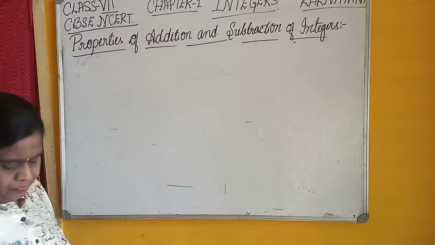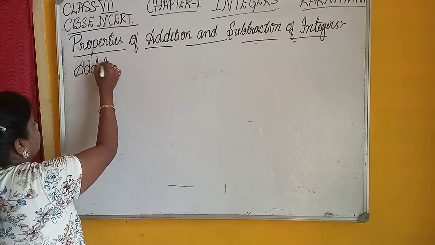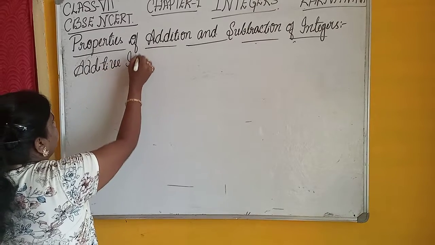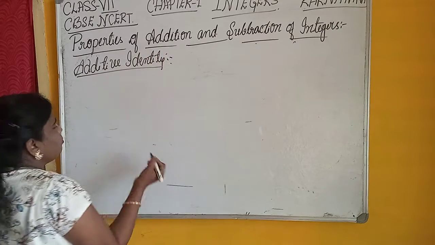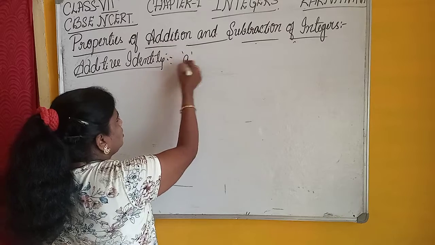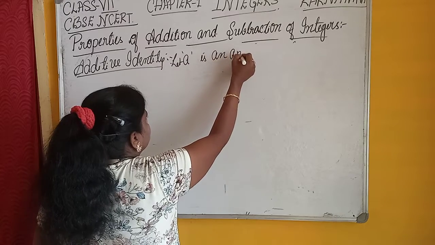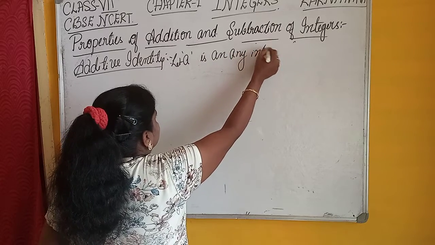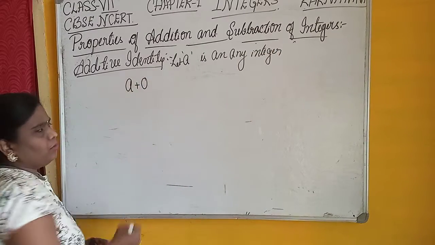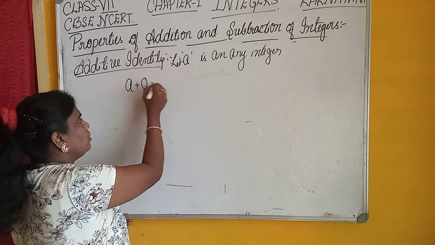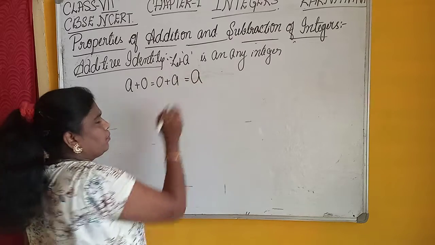Additive identity. Which one is the additive identity? Let A be an integer. For A, if you add 0, or for 0, if you add any integer A, the answer will be A only.